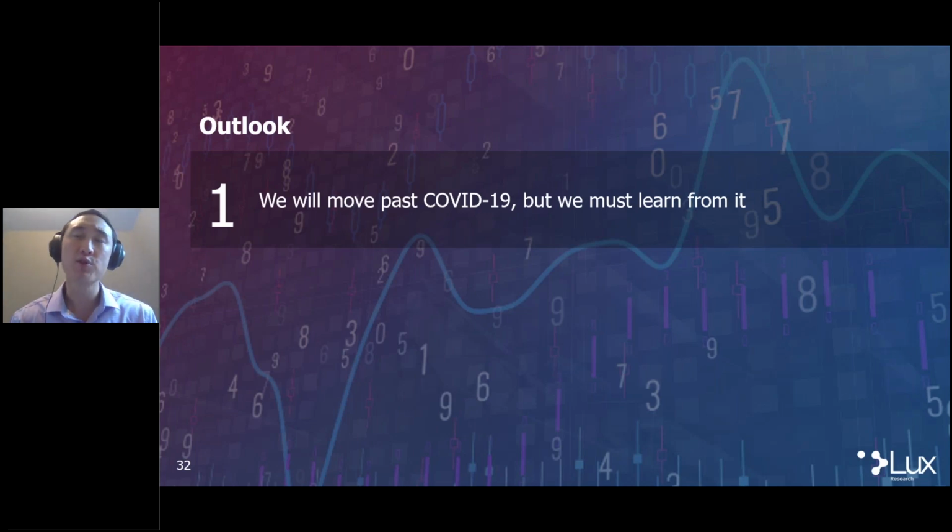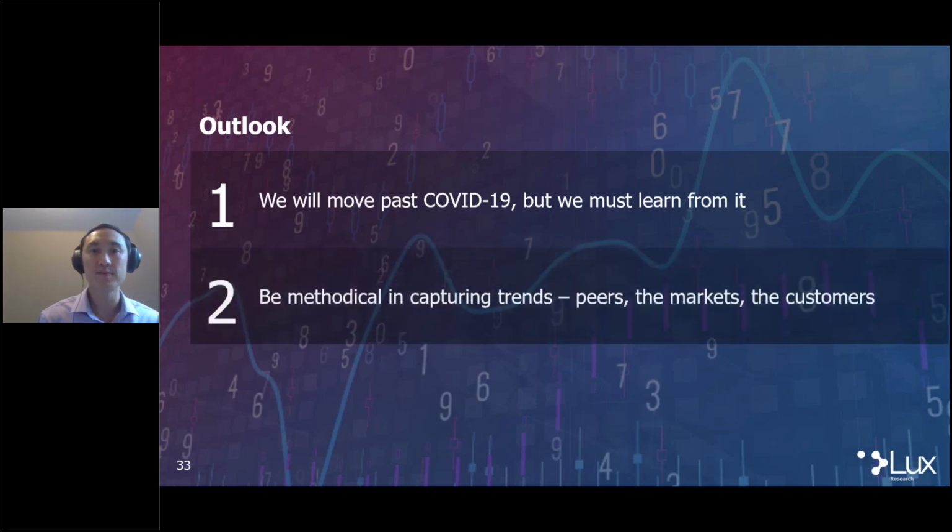But as Chris just alluded to with the idea that COVID-19 is more of a stress test, we have to learn from it because it did uncover weaknesses, whether it's the food supply chain or the response of oil and gas. It taught us a lot about the weaknesses in our respective industries. So we really need to learn from that and shore up those strengths going forward. So it's really a time to reflect on the impact that COVID-19 had on your business and your industry.